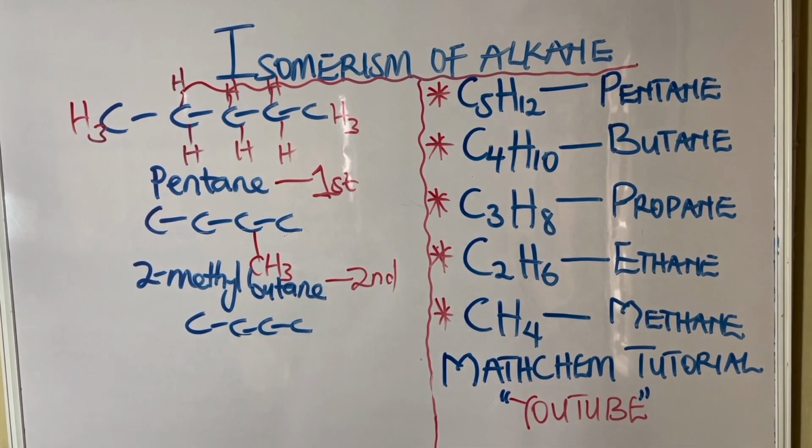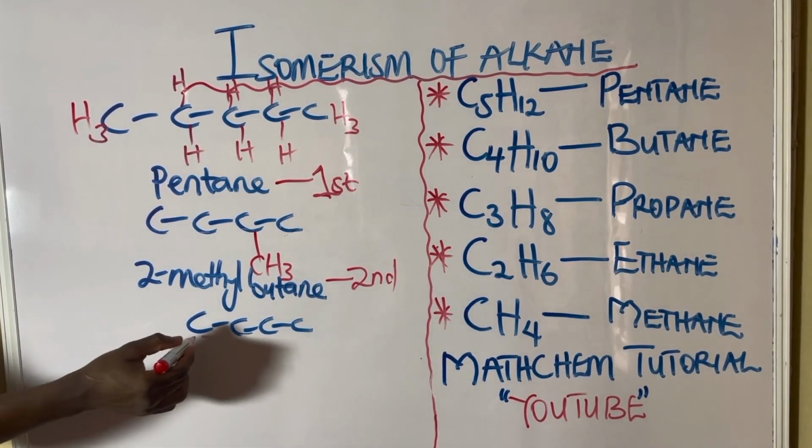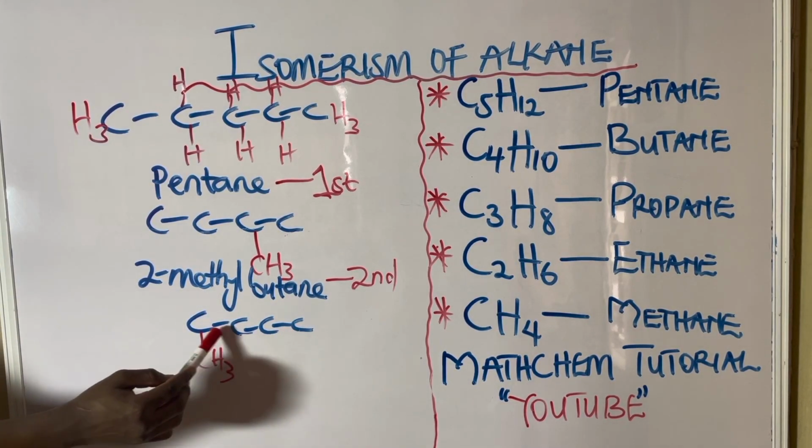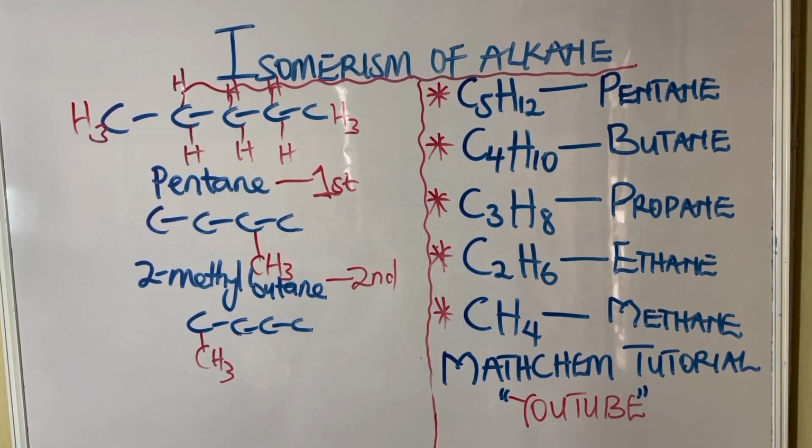Then if I put the CH3 in this first carbon I have here, that definitely will still give me pentane, because my longest carbon chain is going to be 5 if I count it, starting from this 1, 2, 3, 4, 5. So this will still be pentane, meaning that I can no longer carry it anywhere again. So the isomer I can see when carrying the CH3 all around the four carbons is just 2-methyl butane.